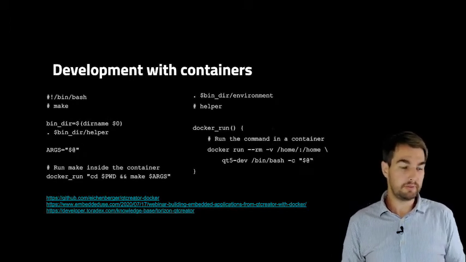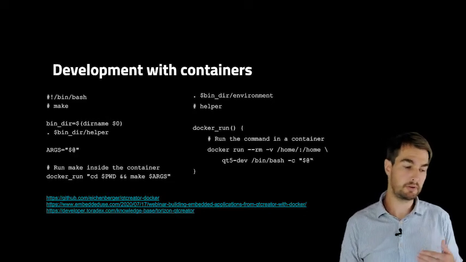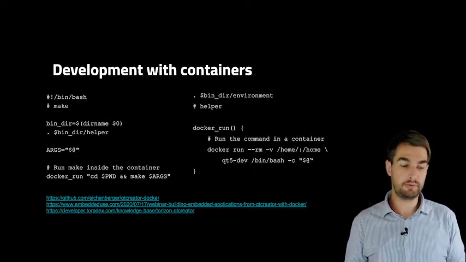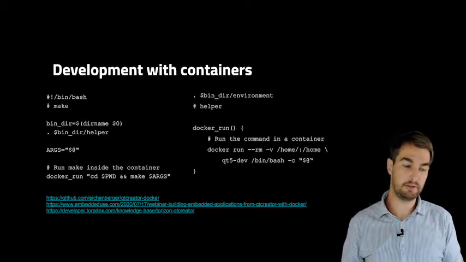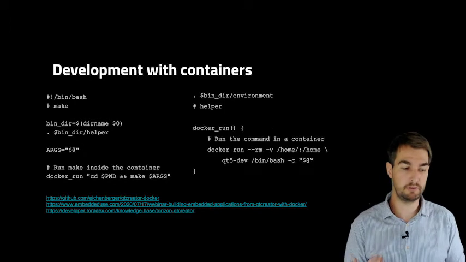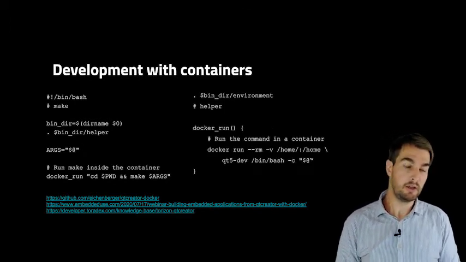And here is an example for make. Instead of just calling make, we spawn a container with docker run, and then inside the container we execute the real make, and then it will just, for Qt Creator, be transparent. It doesn't care if it's really in the container or not.